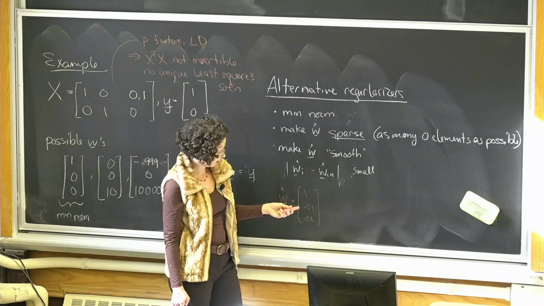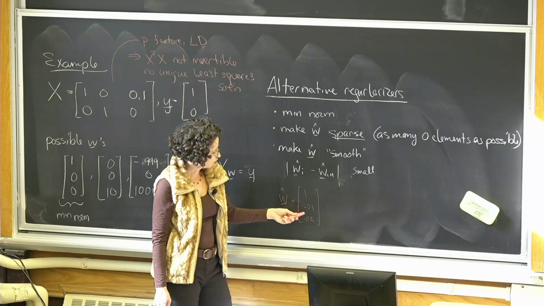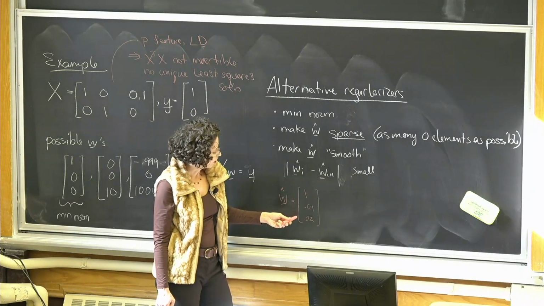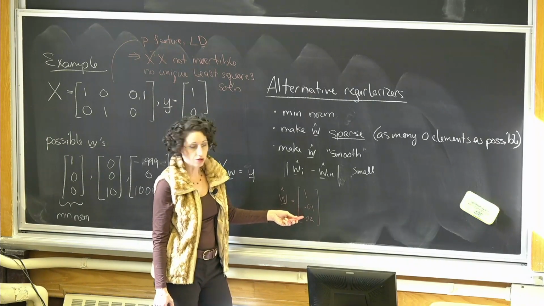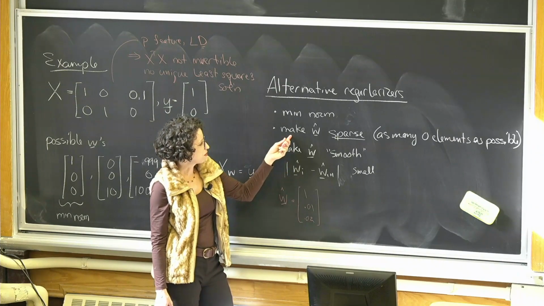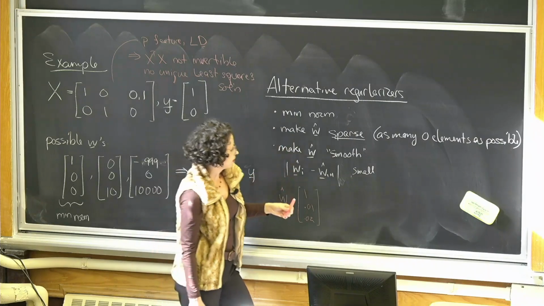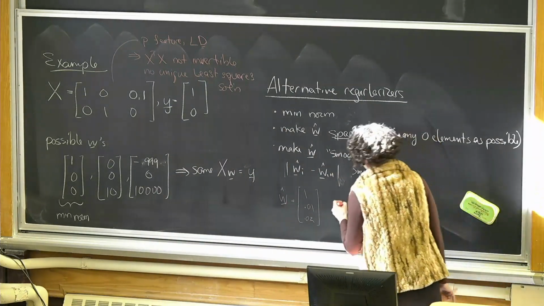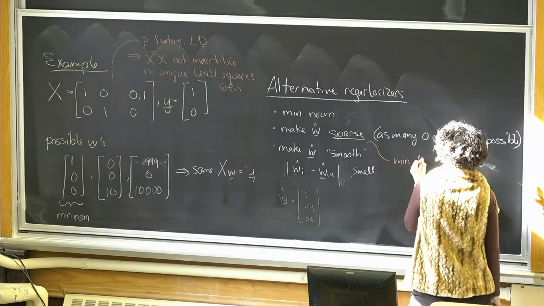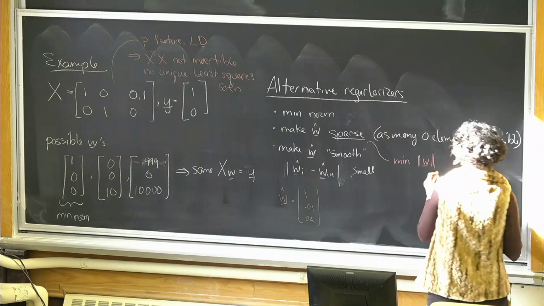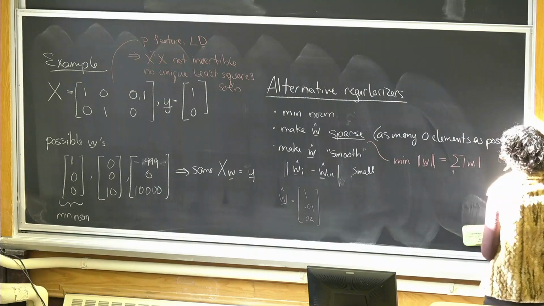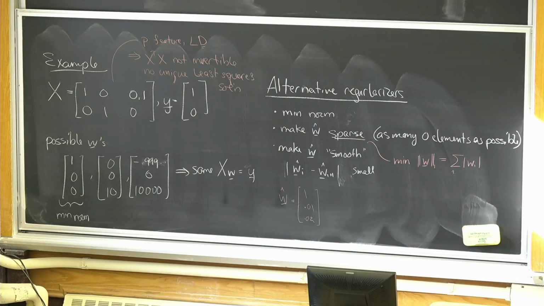So in this setting, these two entries are not really contributing a lot to the norm, and yet I'm giving the corresponding features some weight. If I try to promote sparsity, the way that people do this most often is they try to minimize the L1 norm of W, or the sum over i of the absolute values of the weights, as opposed to the squares of the weights.